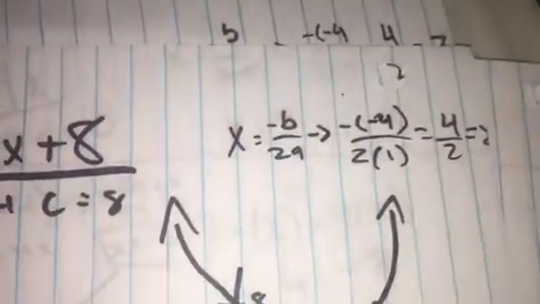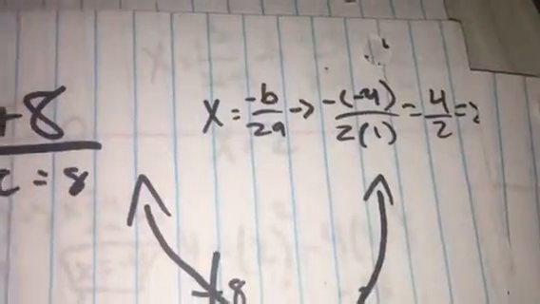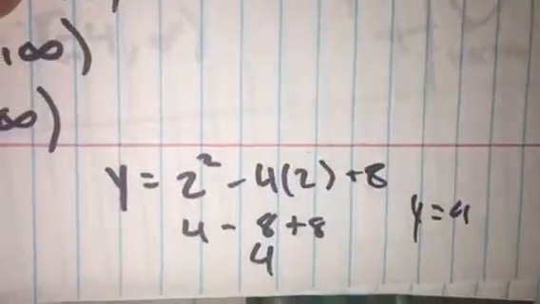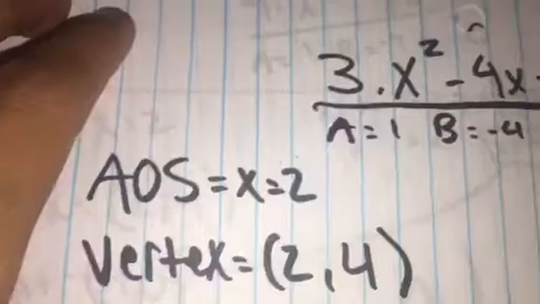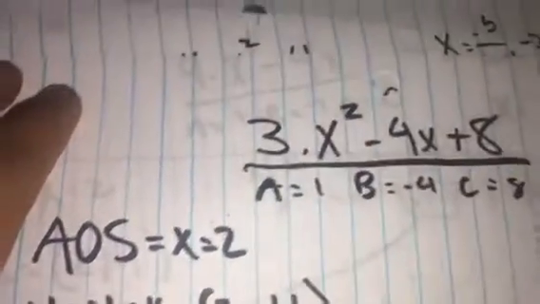So x equals negative b over 2a, and that would get us positive 4 over 2, which equals 2. So now we know that x equals 2. We plug that into the formula, and we end up getting y equals 4. So now our vertex is 2, 4, and our axis of symmetry is 2.